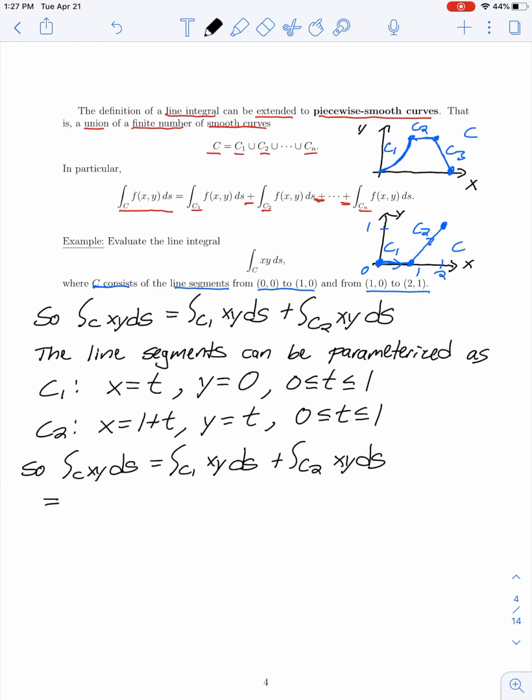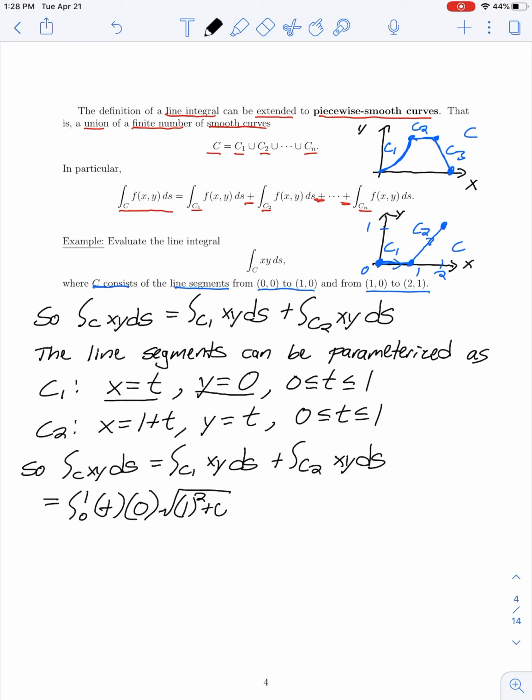For the curve C1, our parameter interval was given from t equals 0 to 1, and the function that we were integrating was x times y. Now, along that first curve, x is defined as t, so we have t times y, which was defined as 0, and then times the differential of arc length, which would be given by the square root of the sum of the squares of our derivatives.